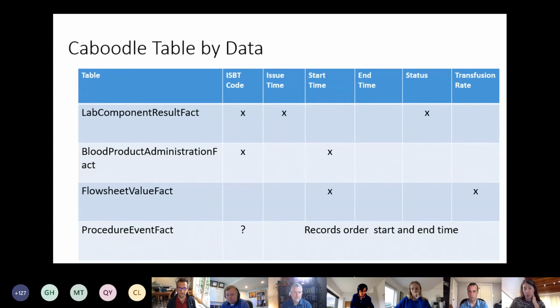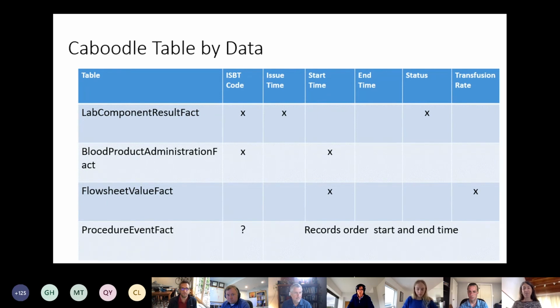Initially, for the work we were doing with the FDA, they really wanted us to have the end time, because they wanted to know when blood product administrations had ended. A lot of the queries they wanted to do to see if there had been an adverse event were supposed to occur within the time period after the transfusion ended. But that information was even less well recorded.